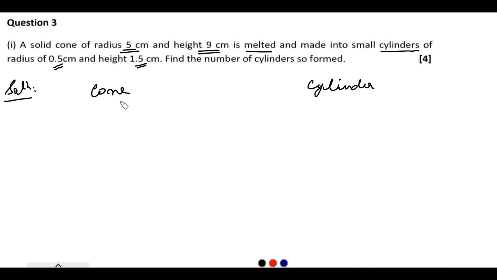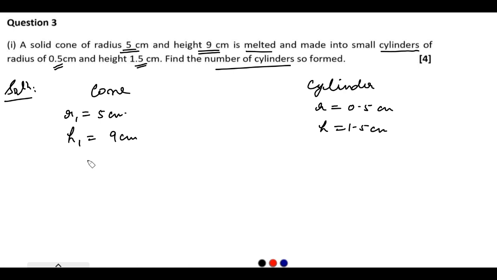By melting a big cone, small cylinders are formed. Radius of cone is 5 cm and height of cone is 9 cm, and radius of one cylinder is 0.5 cm and height is 1.5 cm, and we have to find the number of cylinders so formed.